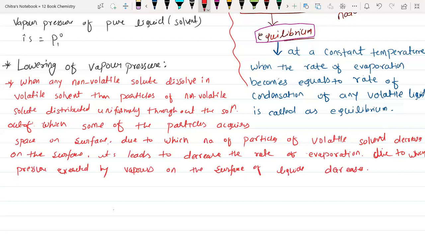If the pressure decreases, that is called lowering of vapor pressure. Understood, everyone?